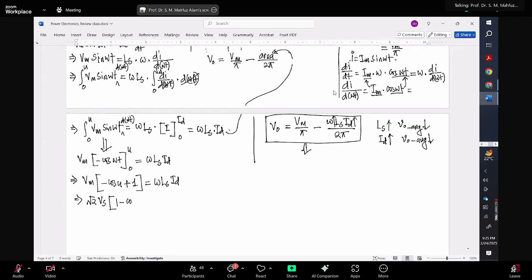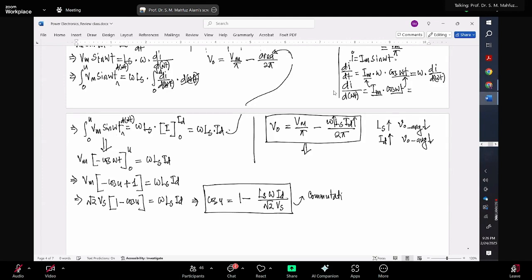So 1 minus cos u equals omega Ls multiplied by Id over Vm. And then from that we can find the commutation angle: cos u equals 1 minus Ls omega Id over root 2 Vs. That is the equation for the commutation angle.